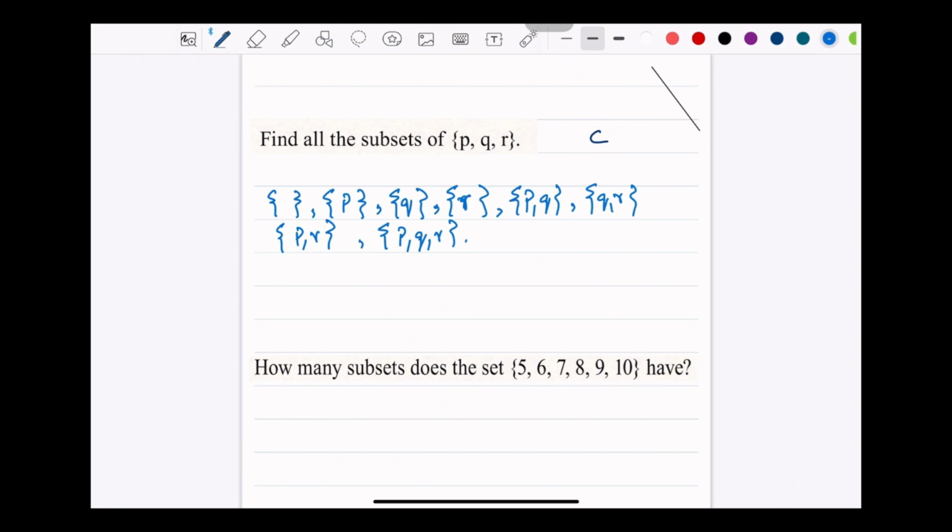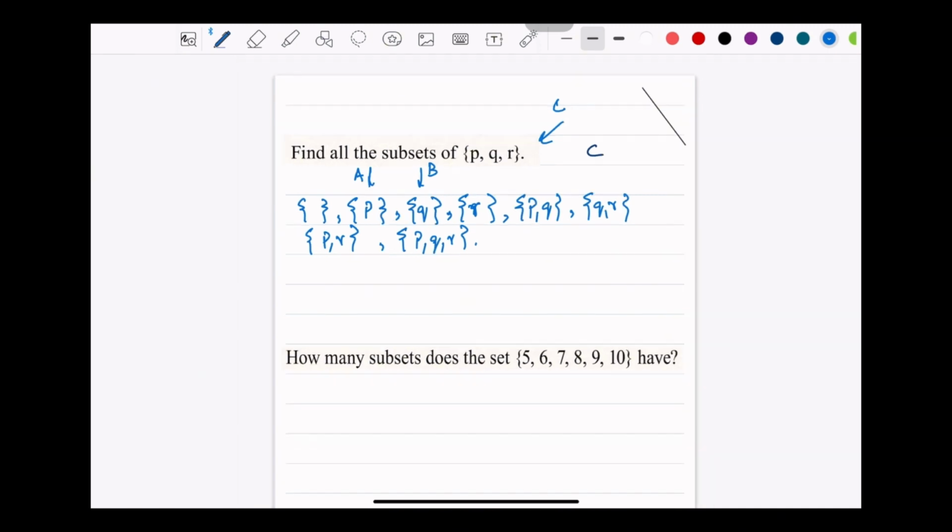If you see, a subset has only elements of the bigger set. For example, if I say this is set A and this is set B, I can say A is a subset of this set. B is a subset of this set as well, because all the elements in B are a part of the big set C. But not all the elements of C are a part of B. So subset means that every element in a particular set is a part of some other set.